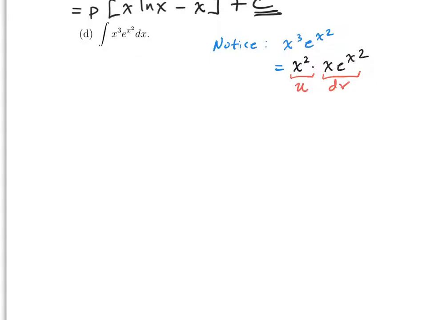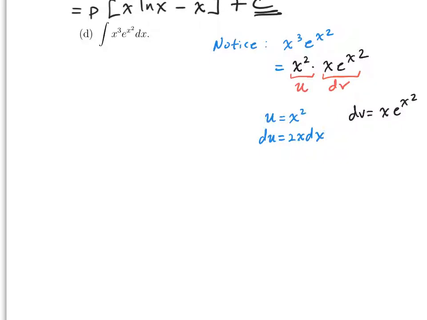So if we do that, then u is equal to x squared. So that means that du is 2x dx. Then dv is x e to the x squared.